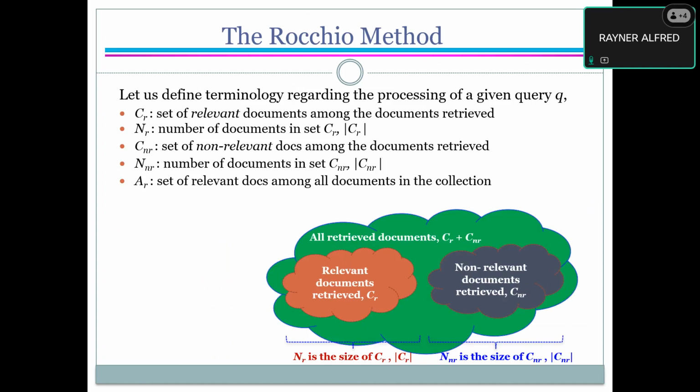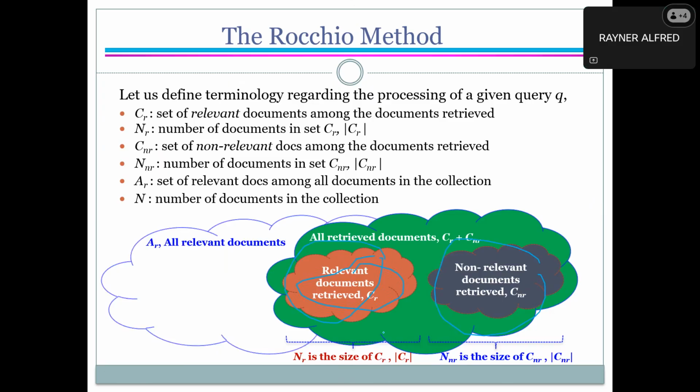So what we want to do is we want to move nearer to the relevant document, which is this one, and away from here. So we want to be around here. So again, we have all the number of documents. So this is the one that is not retrieved.